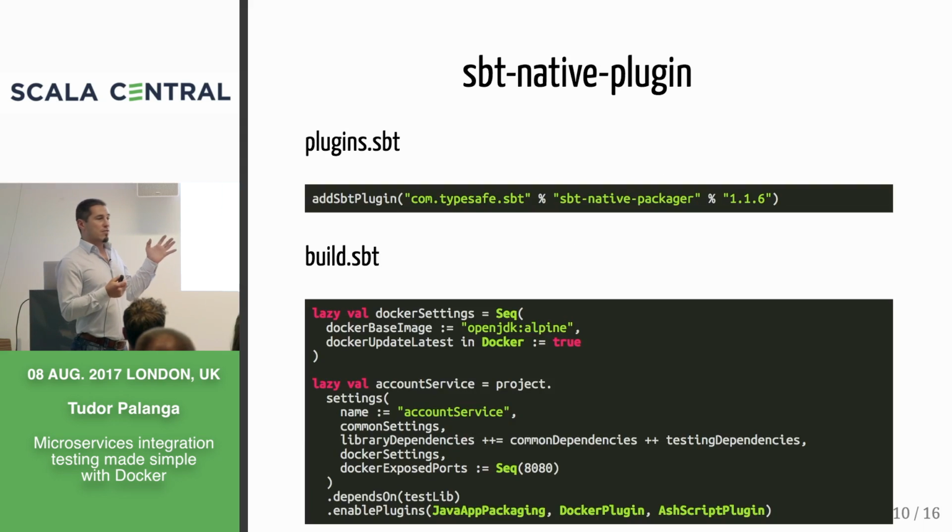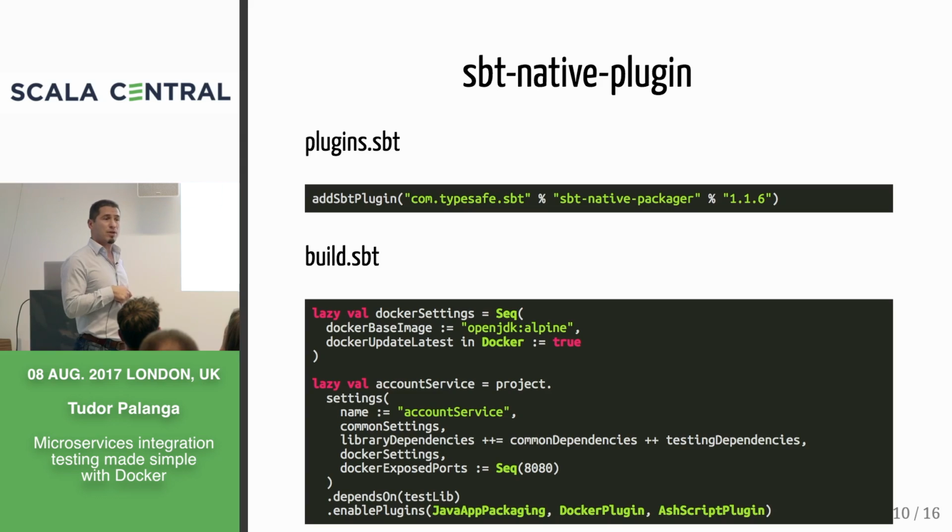So meet the SBT Native Packager plugin. Basically, this is an SBT plugin that knows to do a lot of things. You can use it to build Docker containers, or in other cases, you might want to create RPM packages or Debian packages. It knows how to package your application and run it. It's very simple: you just need to add the plugin, and then the configuration.